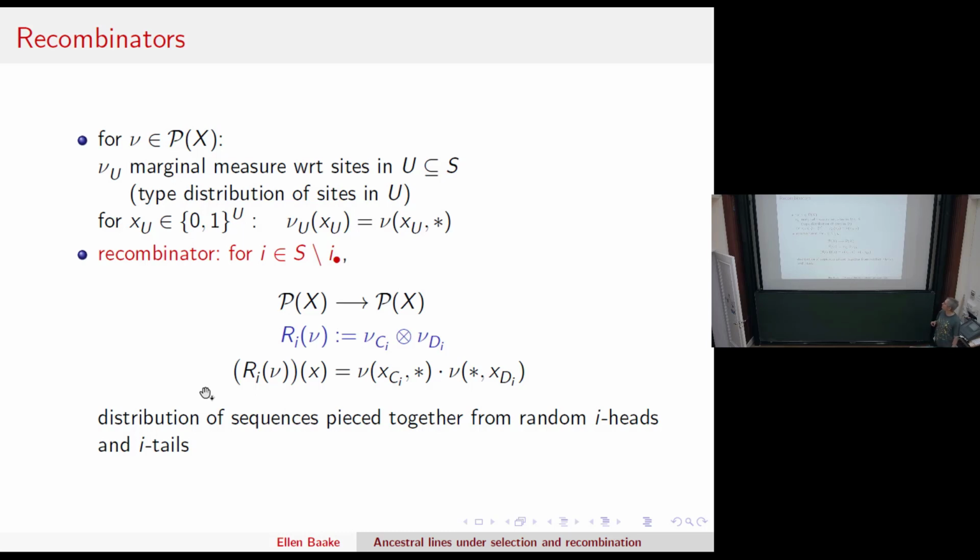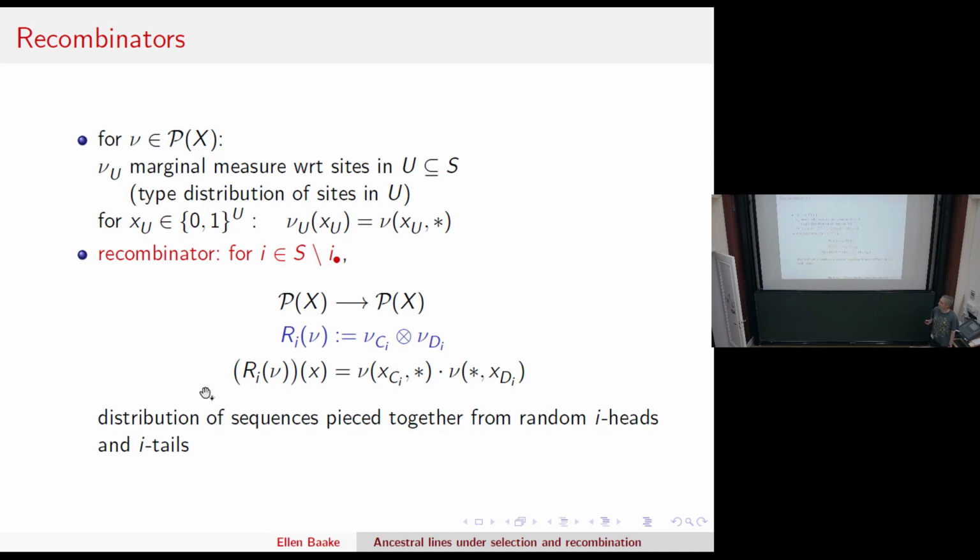The workhorse is the recombinator. For a probability measure mu on X, the recombinator Ri at site I turns mu into the product of the marginals with respect to the head and the tail. And if you write it out component-wise, then you get this product that you have already seen on the right-hand side of the differential equation.